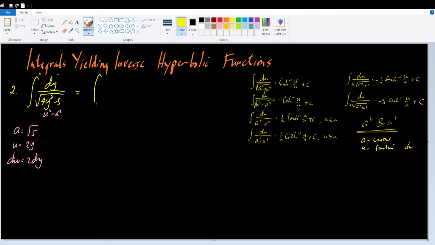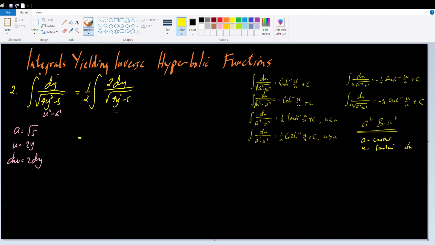We rewrite our integral dy all over the square root of 4y squared minus 5, and we complete our differential, so 2 dy times 1/2. And the answer is forthright.